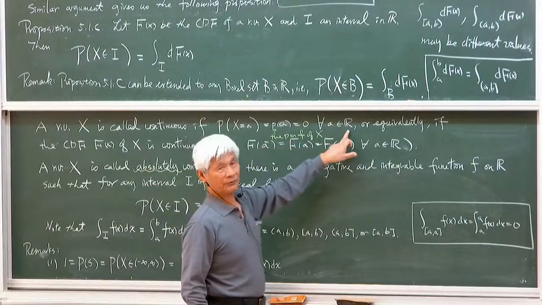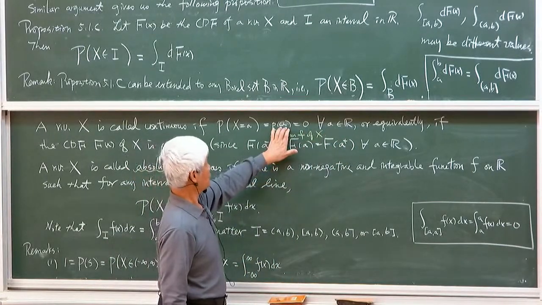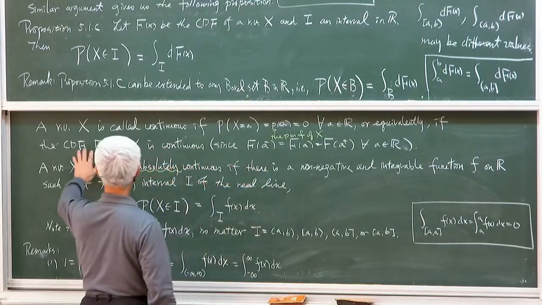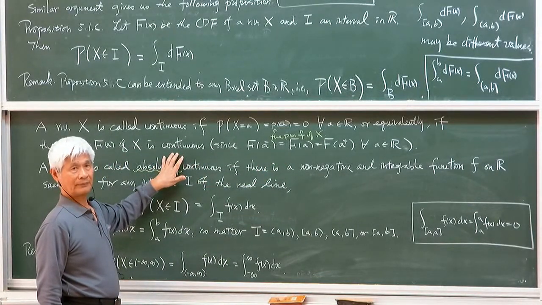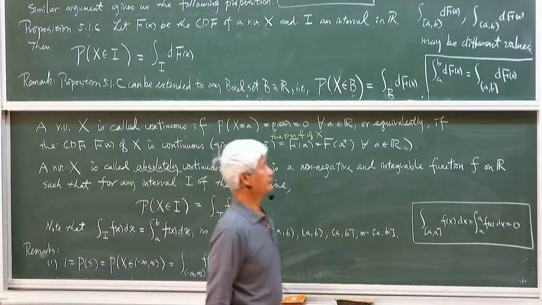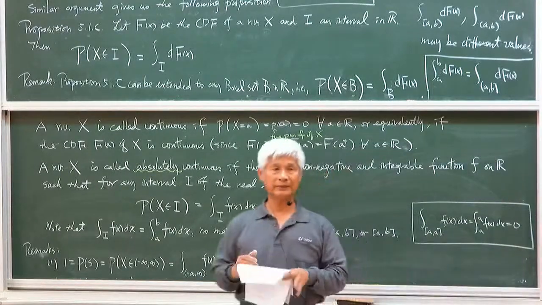So this is 0 for all a. This is just by definition. And this is equivalent to saying that the CDF is continuous. Any questions?